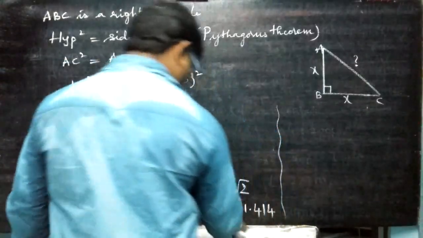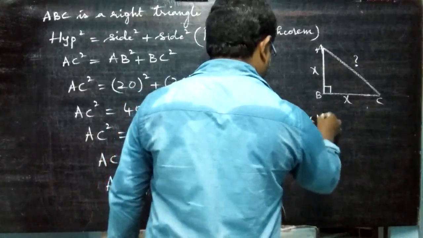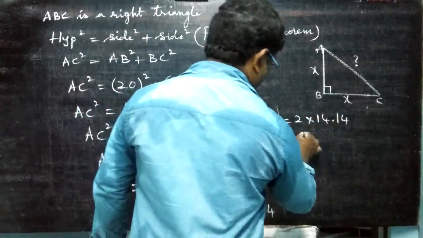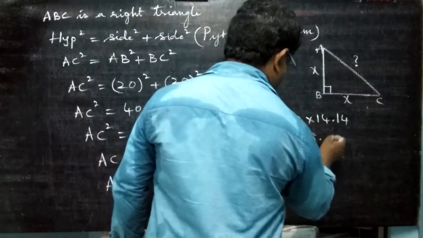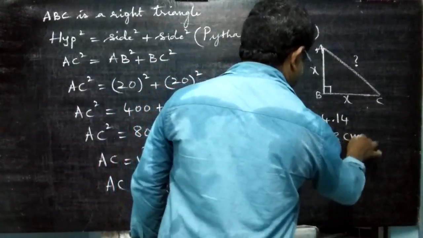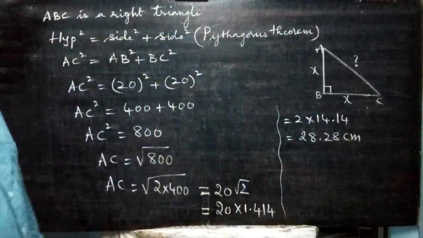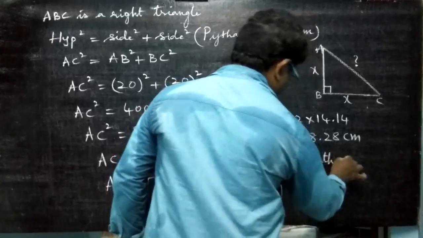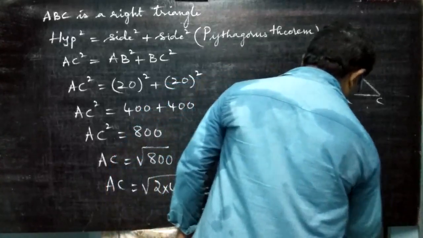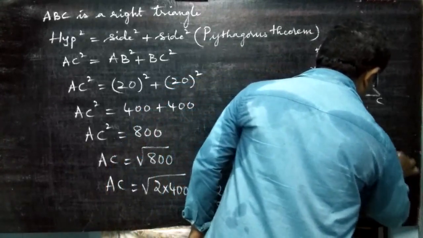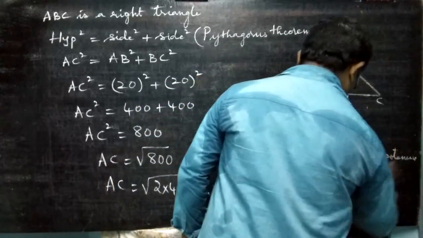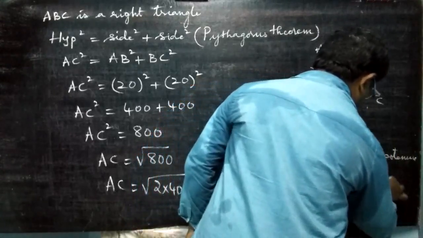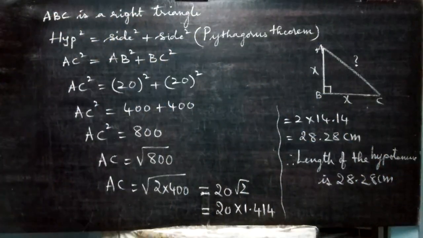So 20 into 1.414 is 28.28 centimeters. We are finding the length of the hypotenuse. Therefore, the length of the hypotenuse is 28.28 centimeters. That is the way of doing this problem.